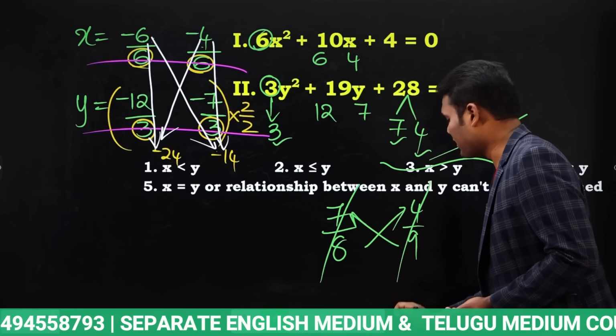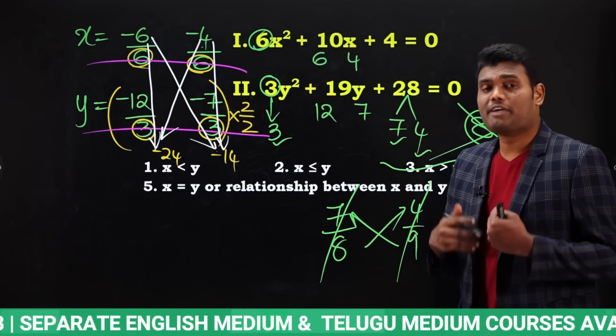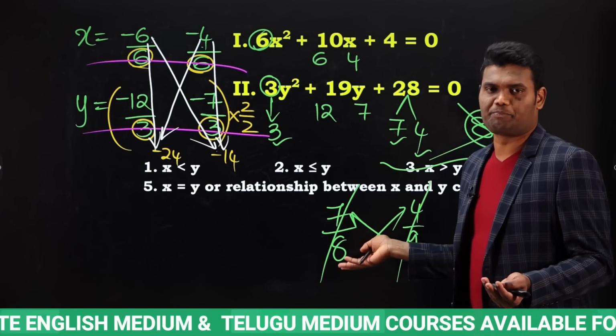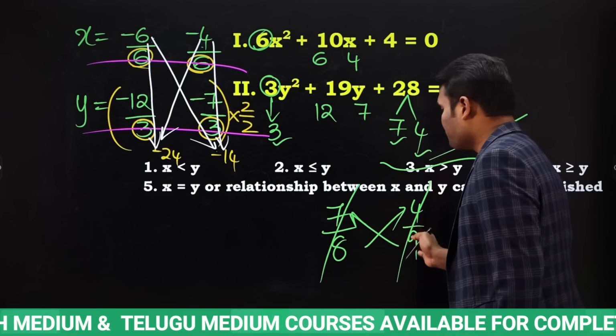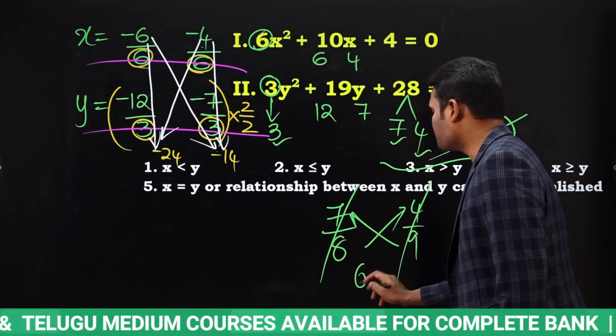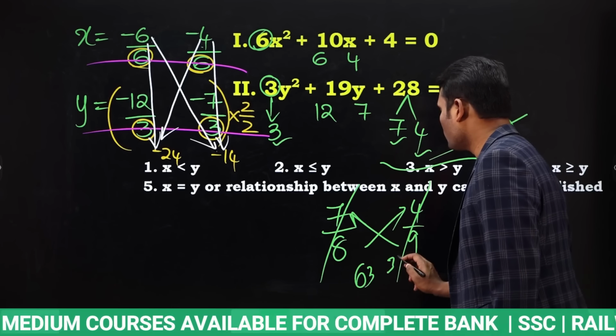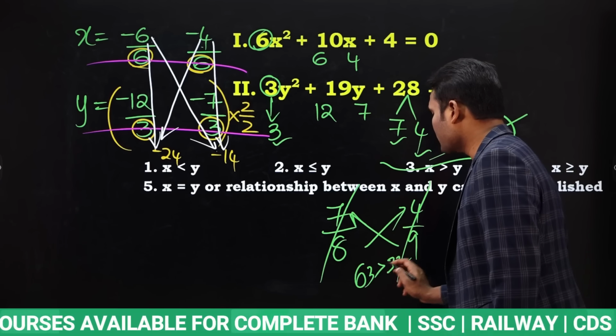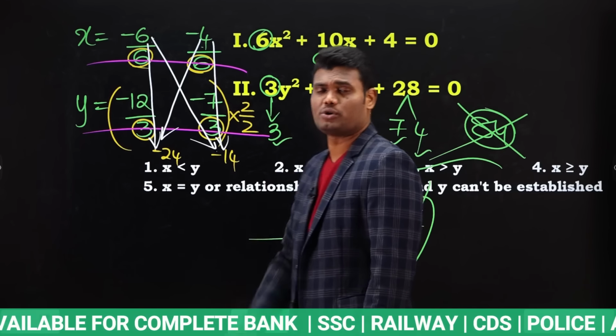In the process of simplification, if they are not good in calculation, they will waste time. Or else they will do cross multiplication: 7 times 9 is 63, 8 times 4 is 32. So I can say 63 is greater than 32. Why do all these things and waste your time?